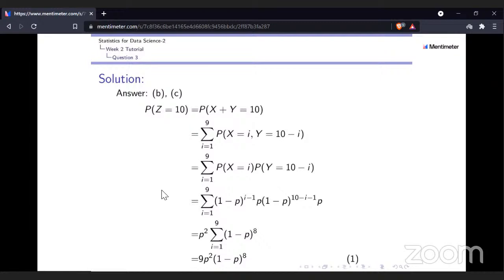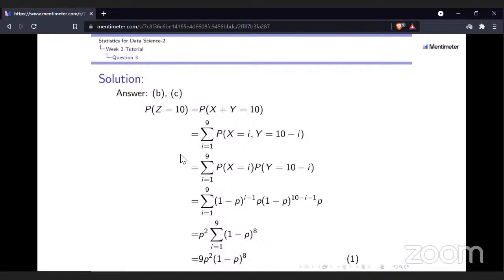It may take the value from 0, but what we have been following is that it starts from 1. So in general, the range of a geometric random variable is 1, 2, 3, and it can go up to infinity.